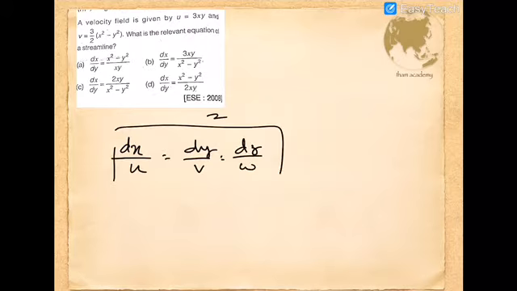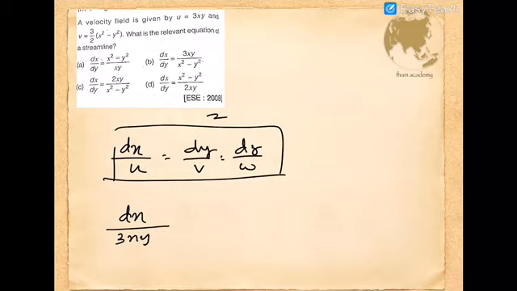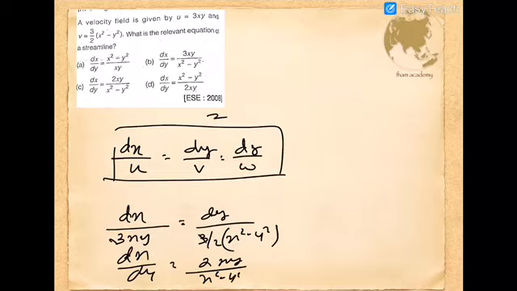So by following this equation, dx divided by u is 3xy here, and dy divided by v, that is 3/2 x² minus y². 3 gets cancelled. So dx/dy will go to 2xy divided by x² minus y². That is option C, the correct answer.